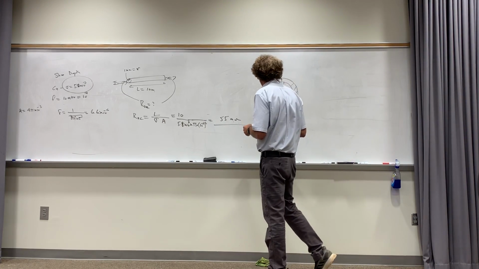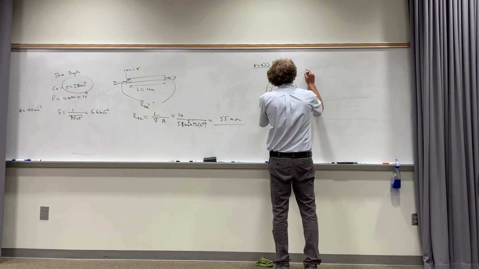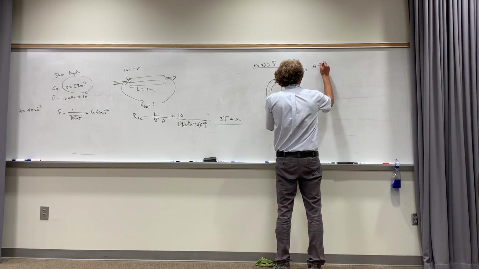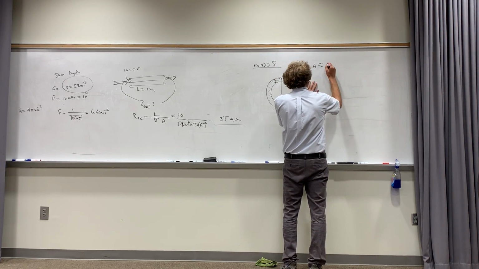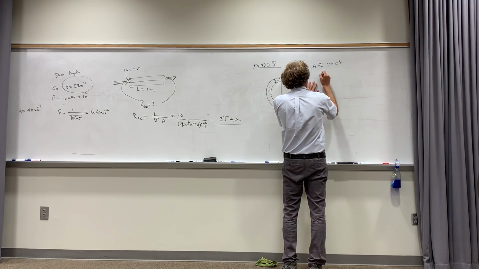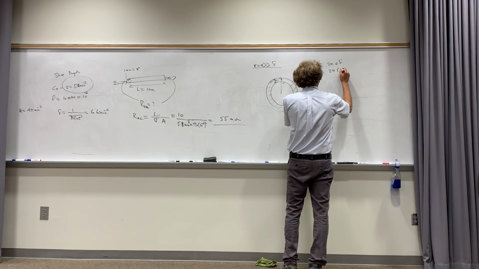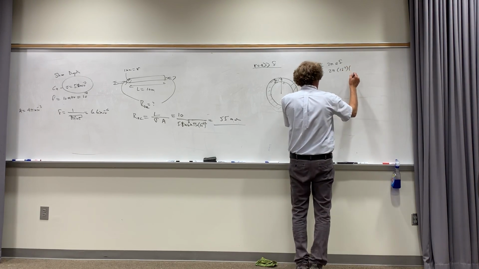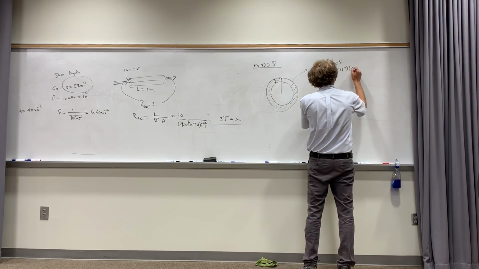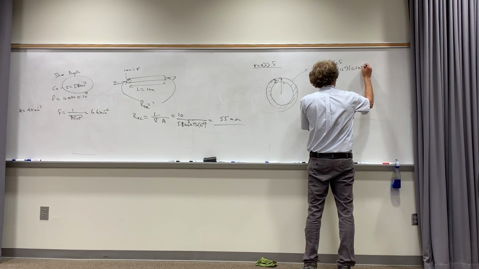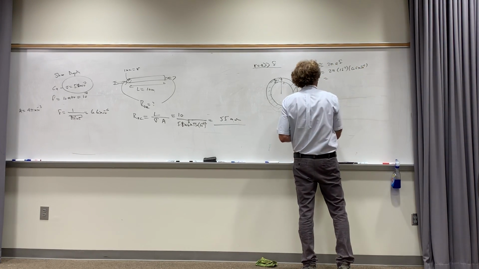In any case, the actual area is approximately, to a high degree of accuracy, 2 pi times the radius a times the skin depth. In our case, it's 2 pi, the radius is 10 to the minus third, and the skin depth is 6.6 times 10 to the minus 6. So that's the area.